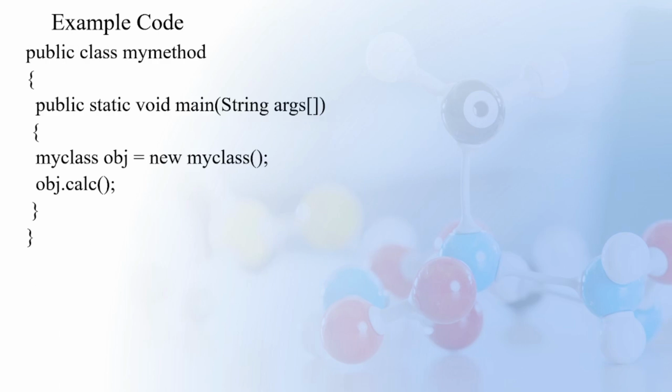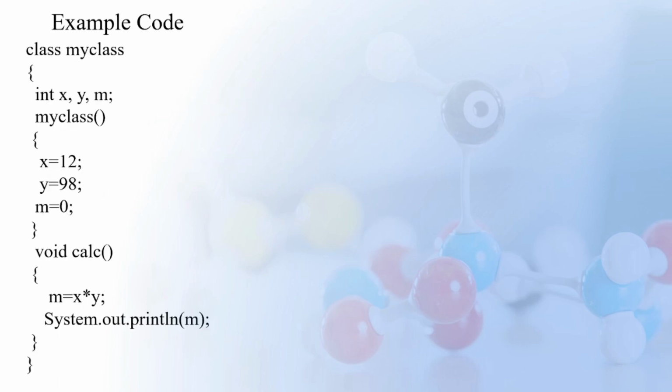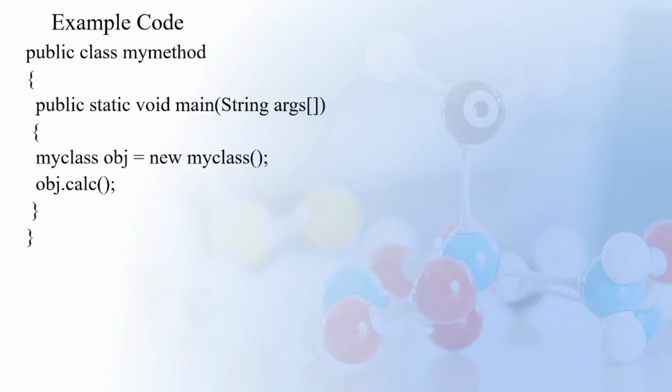Now we have two classes here. One is MyClass and the other is MyMethod. When we put public with the class name, that tells my compiler that this is the class it should look for as the main class.